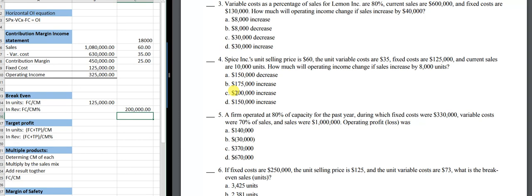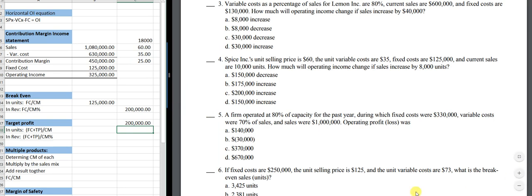Let's also take a shortcut way, just so you can see these. Really focus on seeing it multiple ways. If sales increase by 8,000 units, and each unit contributes $25 toward the bottom line, if I take 8,000 units times 25, I get my $200,000.